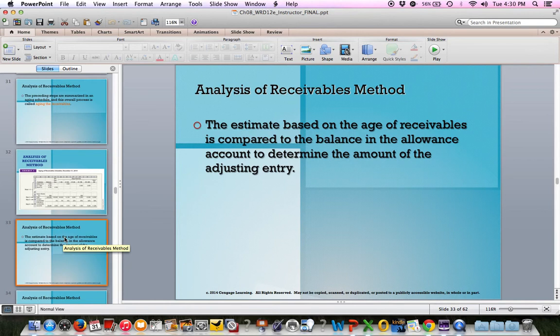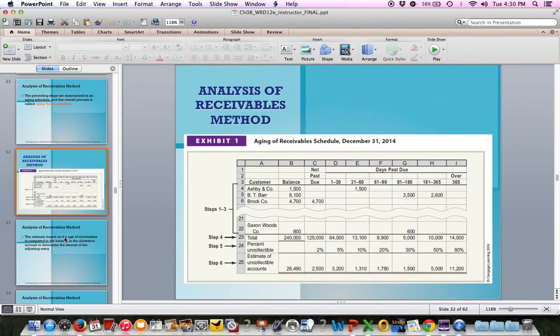The estimate based on the age of receivables is compared to the balance in the allowance account to determine the amount of the adjusting entry. Basically, we do look at what is in the allowance account now, because we're basing this on our receivables balance. The previous example, percent of sales, looked at our revenue numbers, our credit sales number.